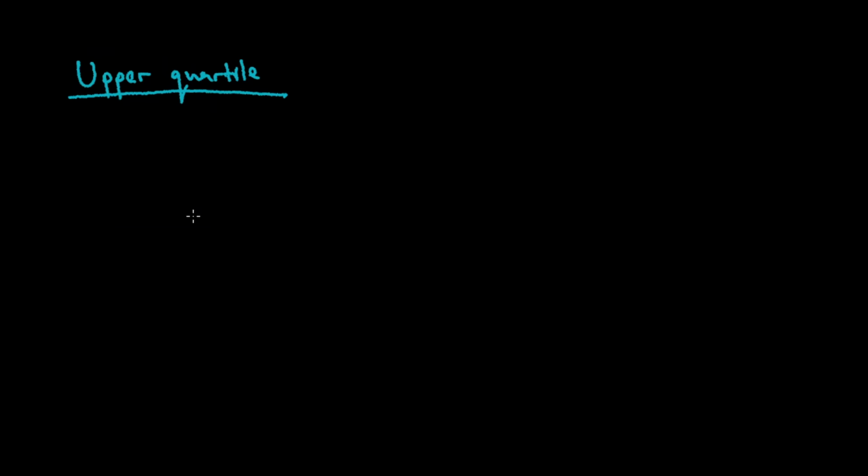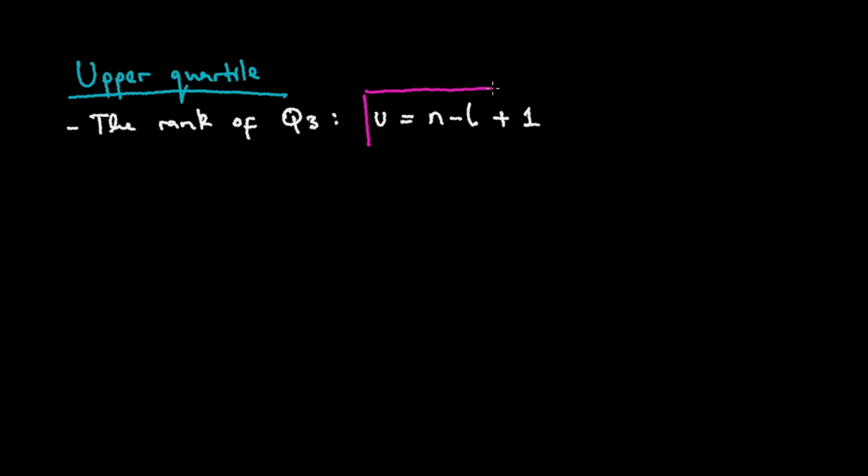The upper quartile is a rank. So we start with the rank of the upper quartile, or the rank of Q3. How is the rank defined? U is equal to n minus L plus 1. That is what the rank is. U is equal to n minus L plus 1.